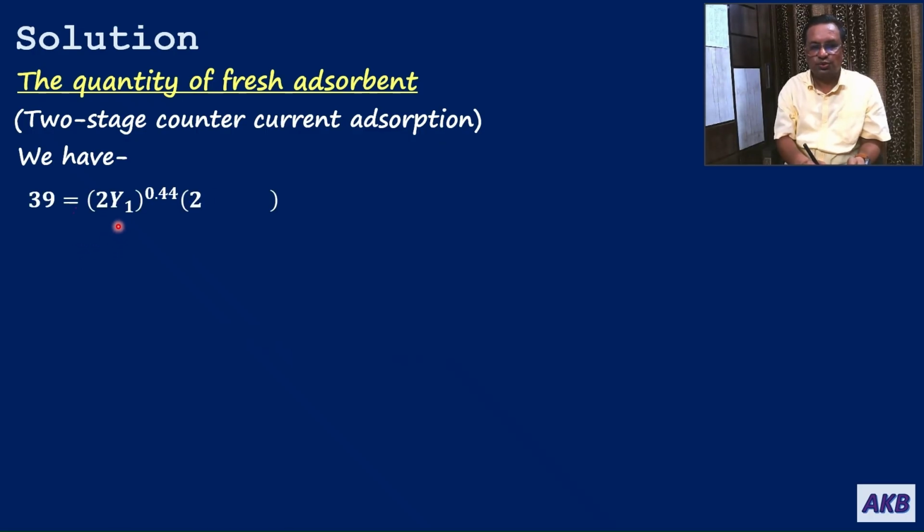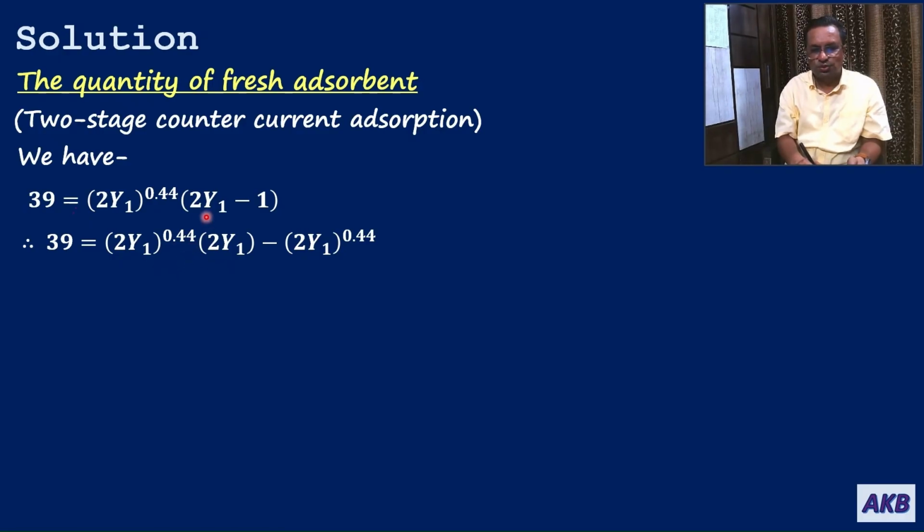So 39 is equal to 2 into capital Y1 raised to 0.44 into (2 into capital Y1 minus 1). Multiplying this term inside the bracket, 39 is equal to 2 into Y1 raised to 0.44 into 2 into Y1, minus 2 into Y1 raised to 0.44.